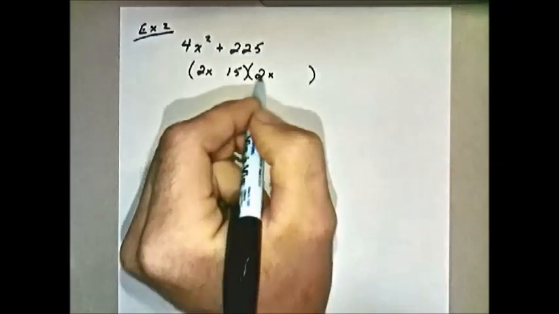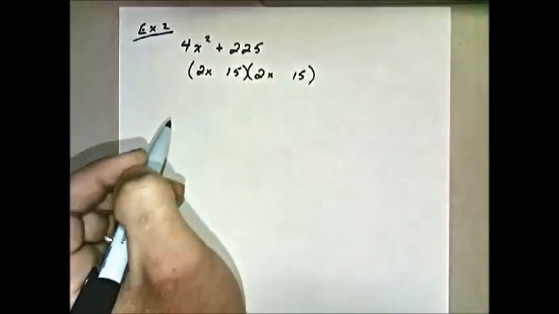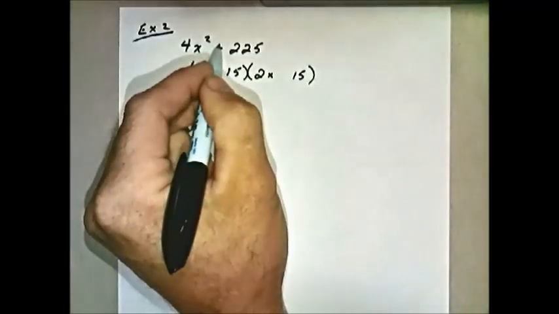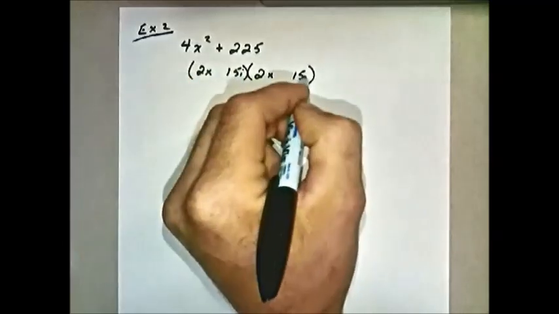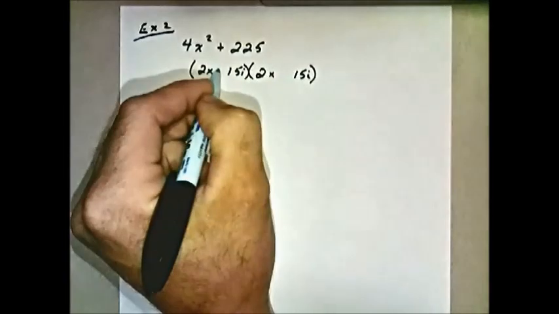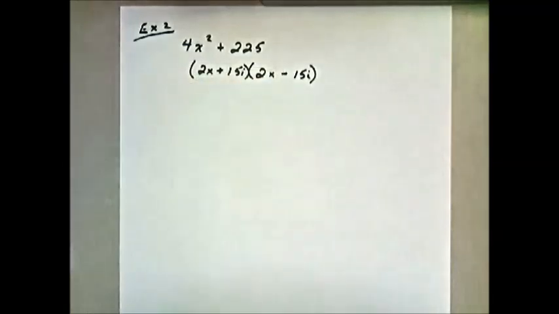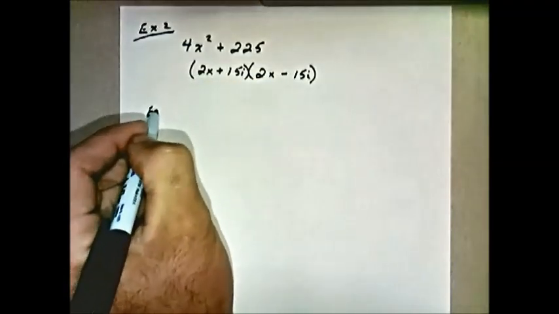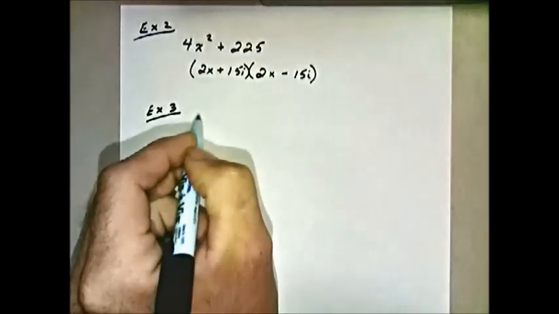So we're going to end up with a 2x and a 15 in each one. We have the positive, so that's going to give us an i on both of our numbers, 15. And we're going to have one positive and one negative. And there's your factorization.